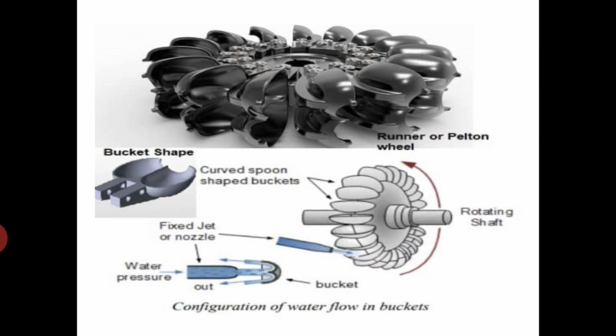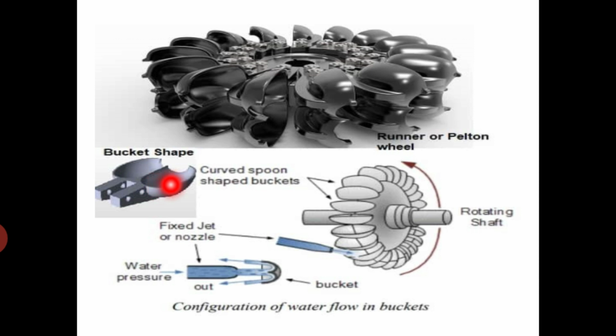Next, this shows the configuration of water flow in the buckets, how the jet strikes the buckets. This is just a side view of the bucket. Actually the bucket will be like this. When you join the two spoons together, whatever shape you get is the bucket.